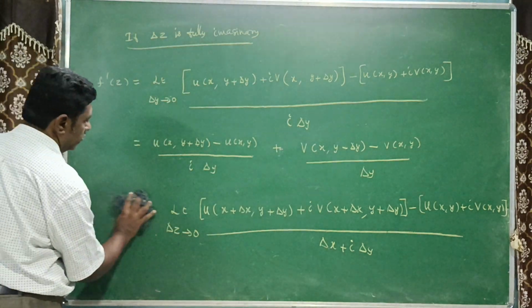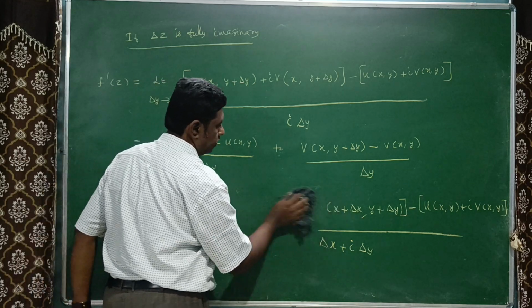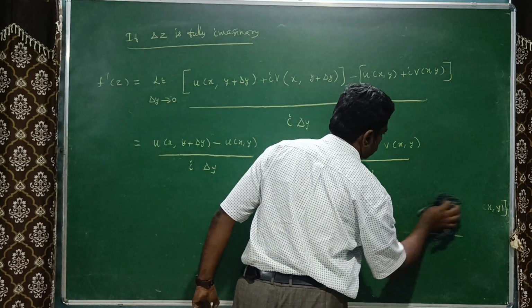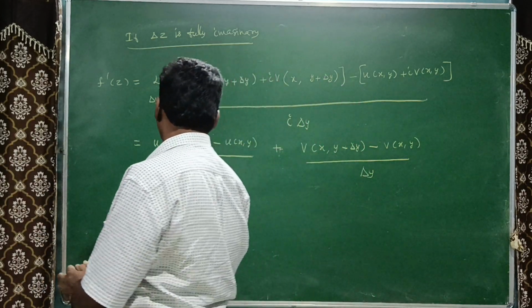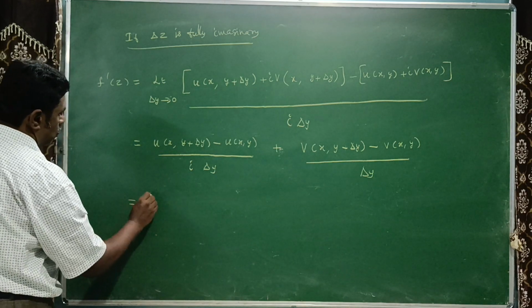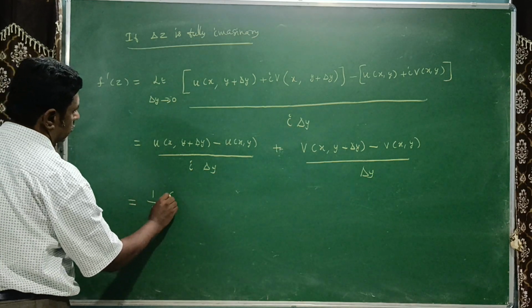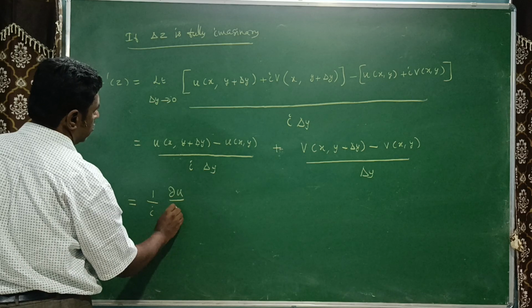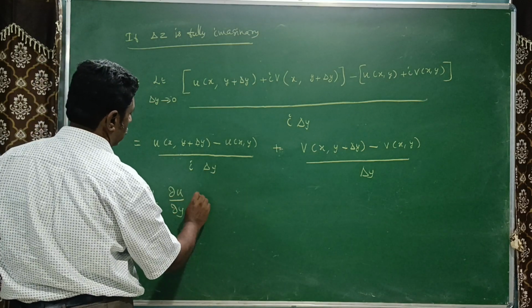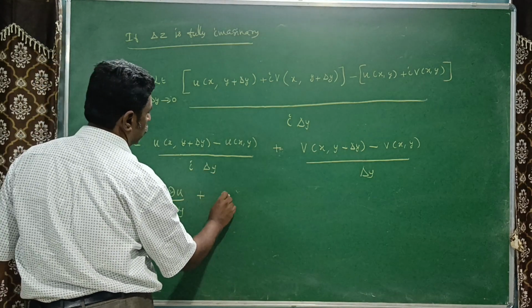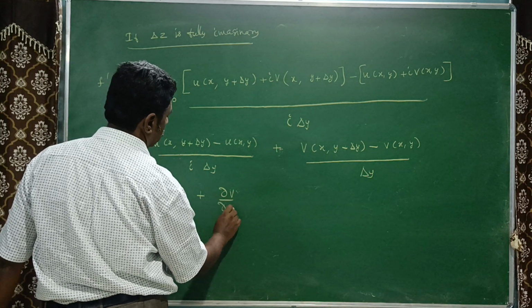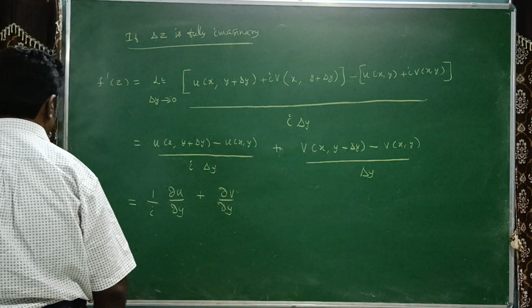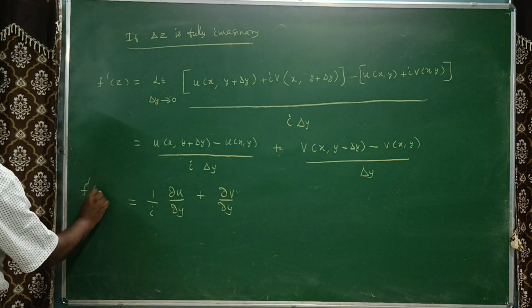Now this is modified as 1 by i into ∂u/∂y plus ∂v/∂y. This is f dash of z.